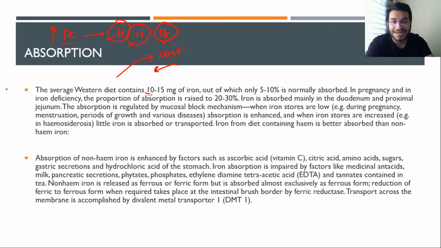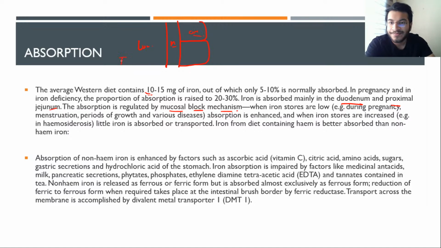Iron is absorbed mainly in the duodenum and proximal jejunum, and the absorption is regulated by the mucosal block mechanism. This mechanism we have already talked about yesterday, but let me repeat it once. So this is the lumen, this is the mucous membrane, these are the cells, right?